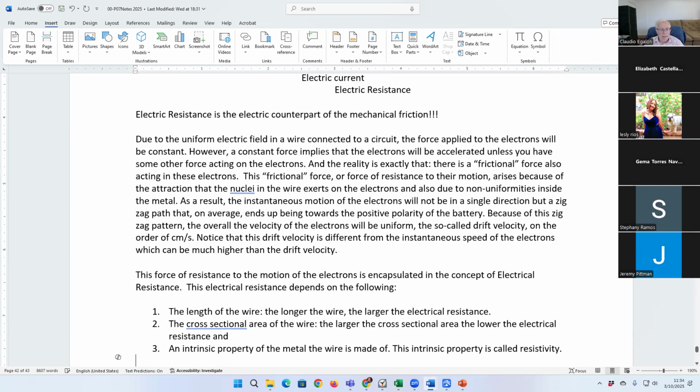And also, the higher the resistivity, the higher the electrical resistance, right? Can you picture that?